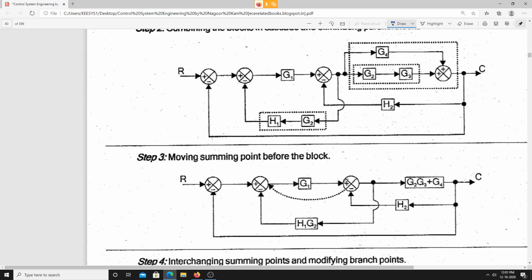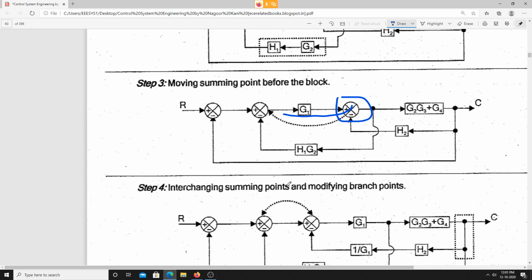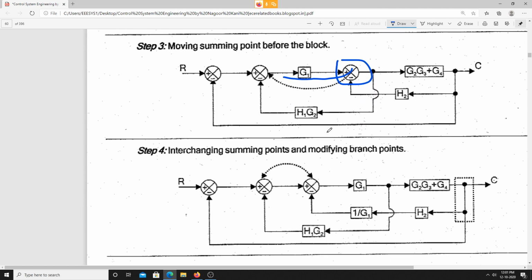Fine. Next, what I am doing here, this summing point I am moving before the block. Is it clear? By using the rules we have, I am just moving this summing point before this particular block. Now after moving the summing point, I am just interchanging the two summing points.